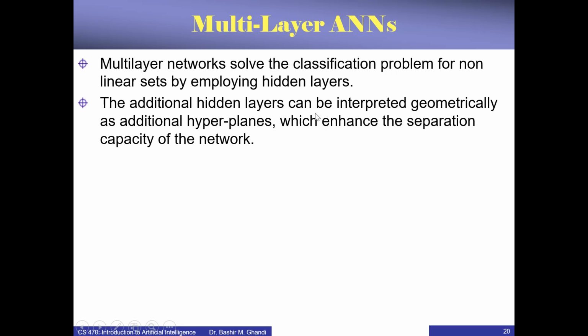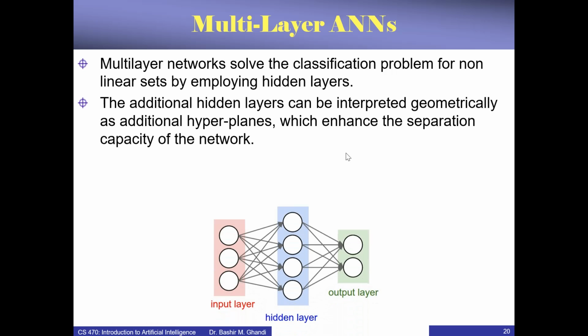The additional hidden layers can be interpreted geometrically as additional hyperplanes, which will enhance the separation capacity of the network. So this is an example of a multi-layer network as we have been seeing it in the earlier slides. In addition to the input layer and the output layer, now we have a layer in the middle, which is called the hidden layer.